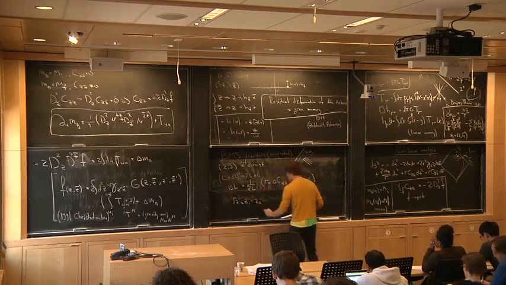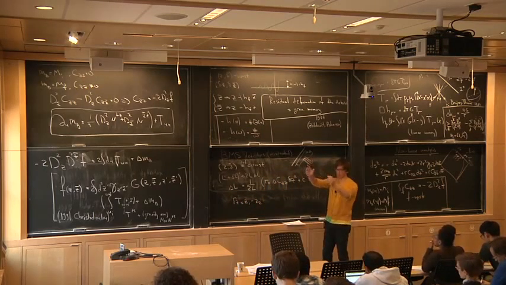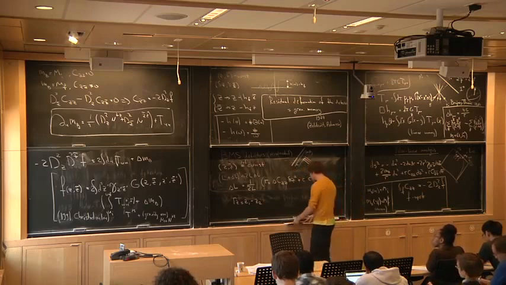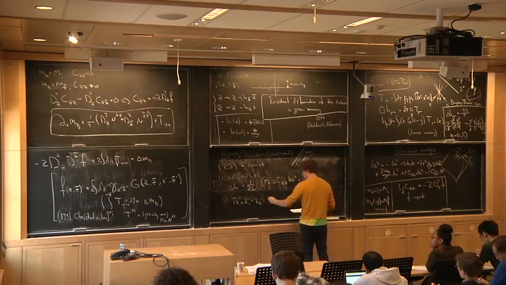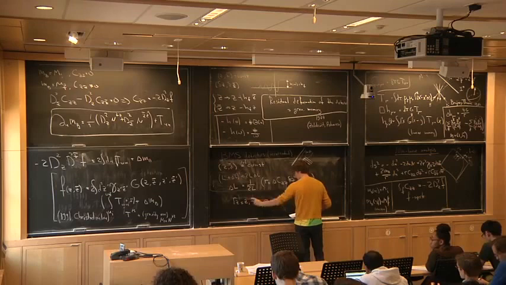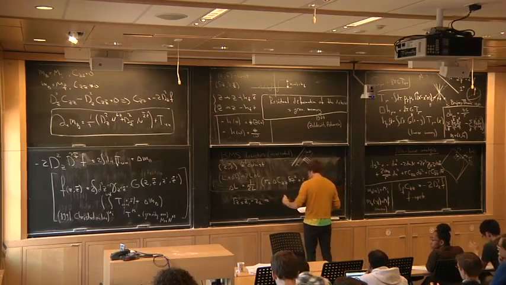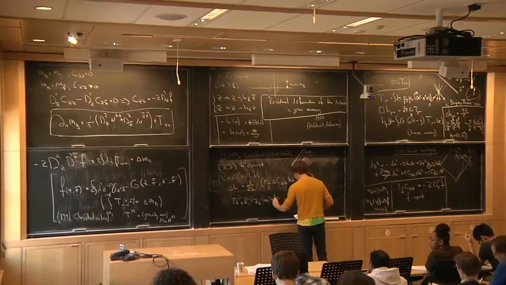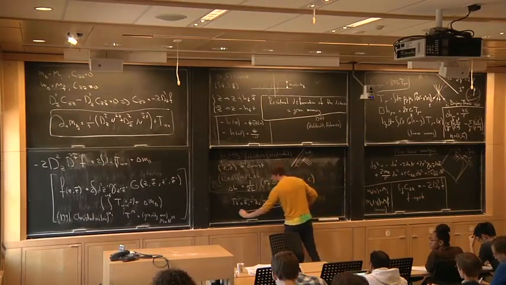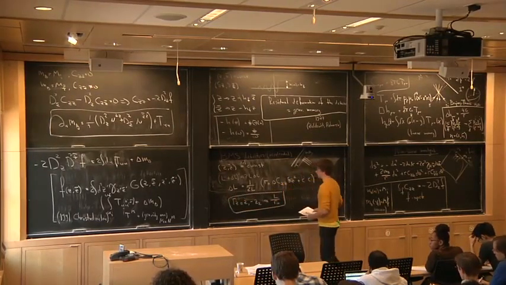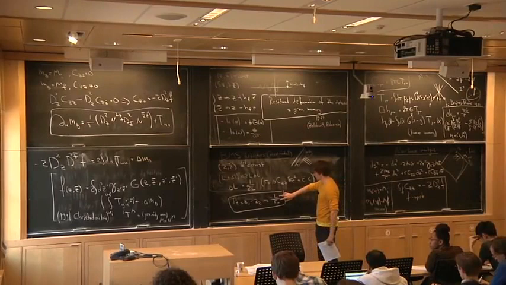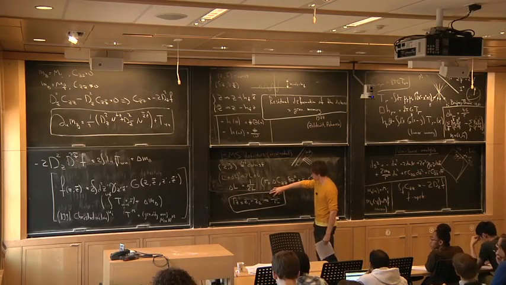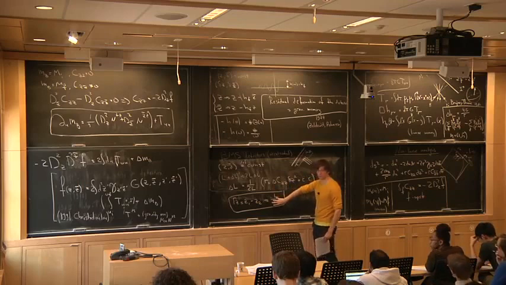And if you have a detector of some finite physical size, and you want to relate it to the separation on a sphere, it's not surprising that it's roughly L over R naught. Indeed, this is just the angular size of an object of the size L looked from the distance R naught.